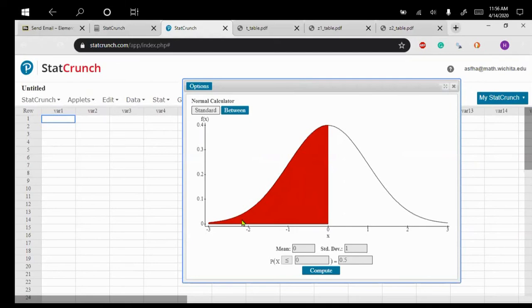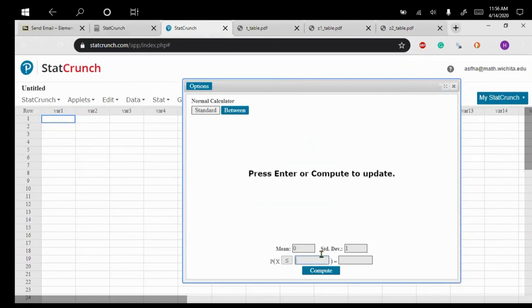Just multiply it by 2 then. So I wanted to find only the left side. And the z value that I have is negative 2.86, and I will write it here: negative 2.86.